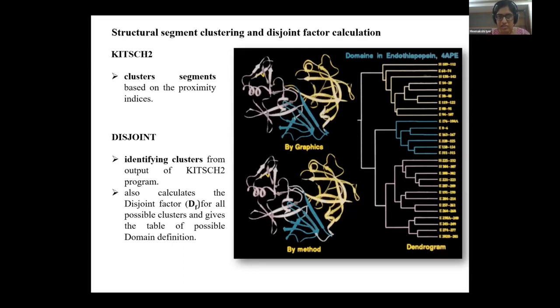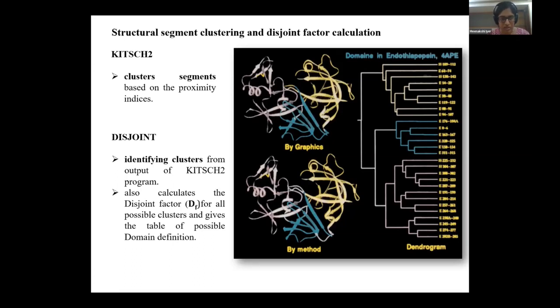These clusters will then be represented in the form of a dendrogram. Using these dendrograms, we can identify the clustered regions within the PDB structure, and these clusters later on, using another calculation called the disjoint factor, we can identify if these clusters are indeed distinct domains within the PDB structure.